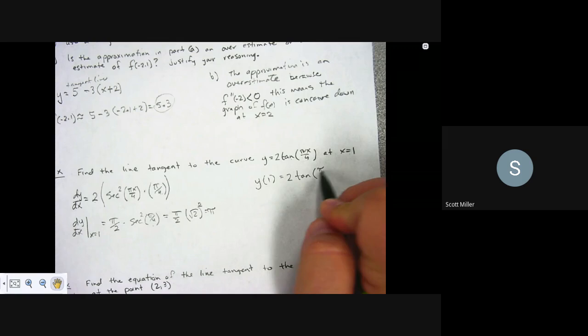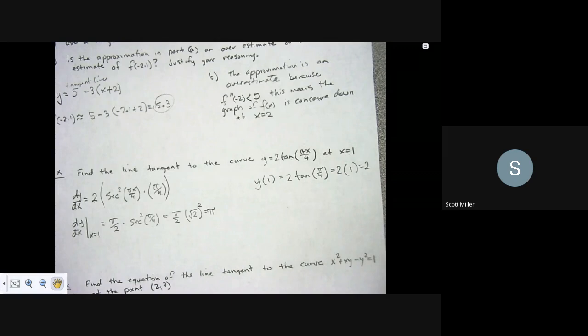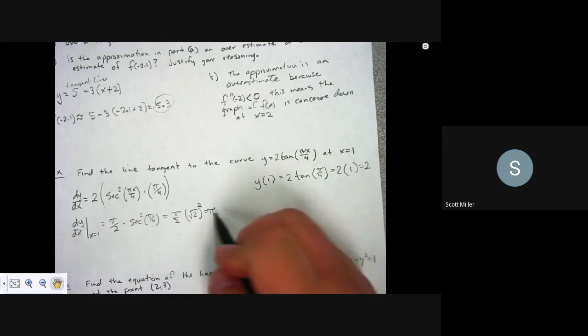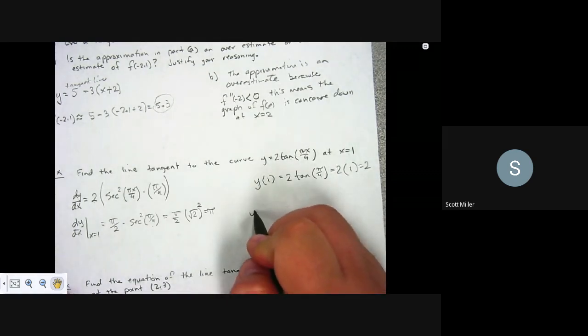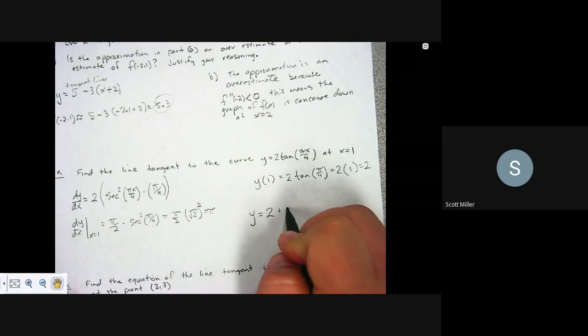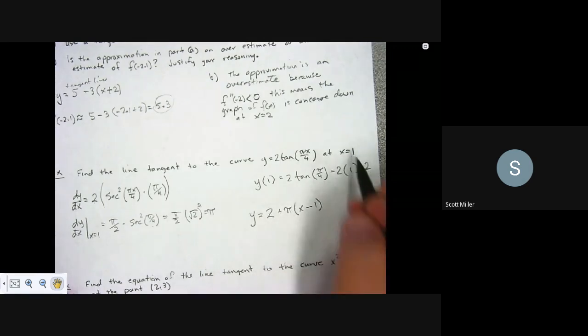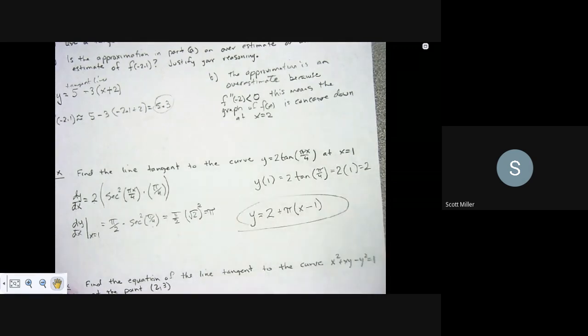And you'll get 2 times the tangent of pi over 4. The tangent of pi over 4 is 1, so this is 2. So there's my point, there's my slope, and so my tangent line equation is going to be the y value plus the slope times x minus 1, the x coordinate. There is the equation of my tangent line.